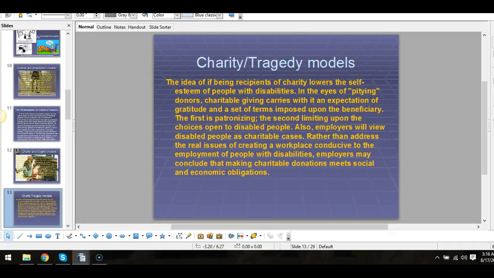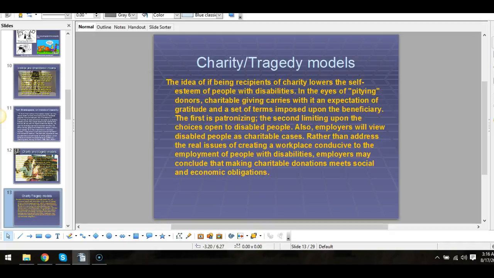The idea of being recipients of charity lowers the self-esteem of people with disabilities. In the eyes of pitying donors, charitable giving carries with it an expectation of gratitude and a set of terms imposed upon the beneficiary. The first is patronizing, the second limiting upon the choices open to disabled people.